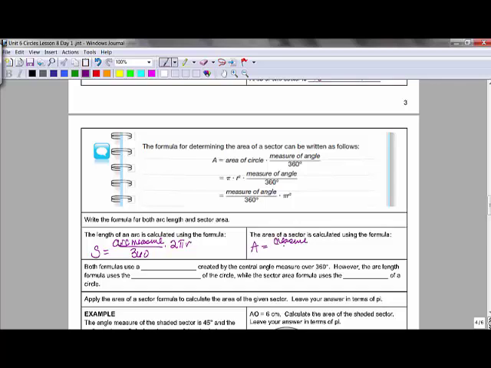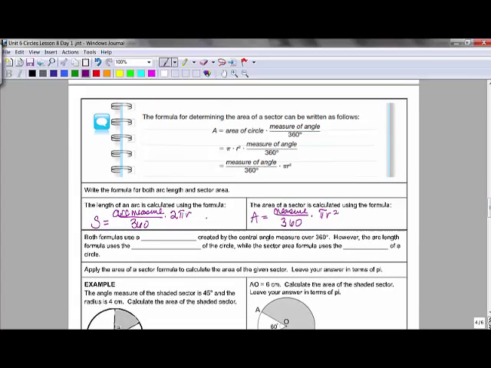again, of the central angle over 360 times not the circumference formula, but the area formula. So this is a fraction of the circumference, this is a fraction of the area. We kind of compare these. Both formulas use a fraction created by the central angle measure over 360.